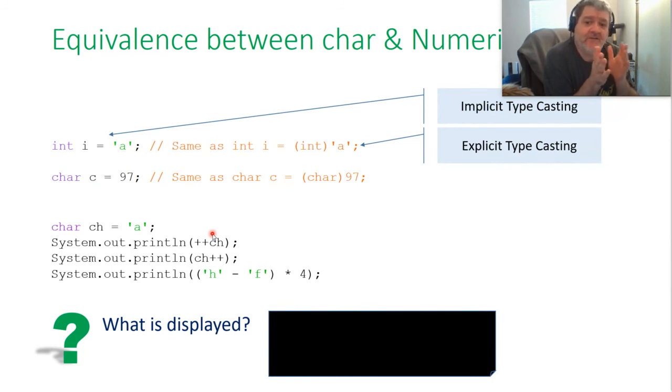Then System.out.println(ch++), the post increment operator. Again, what is that going to display? And then, since I can do arithmetic with characters, at least plus and minus, multiplication and division do not really make sense, but plus and minus, yeah. Character 'H' minus character 'F', in parentheses.